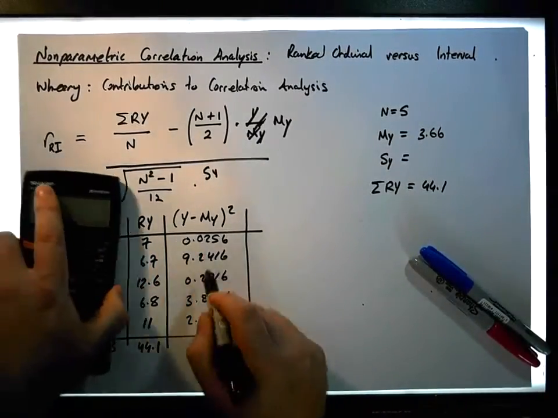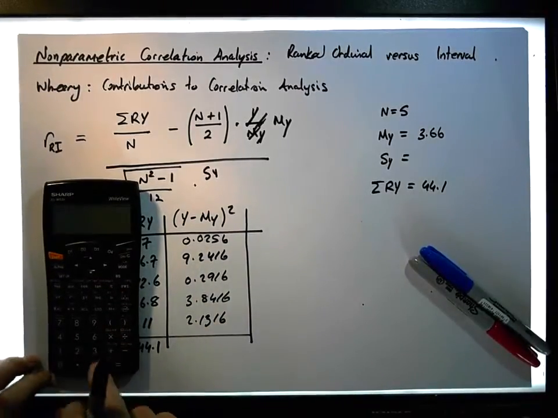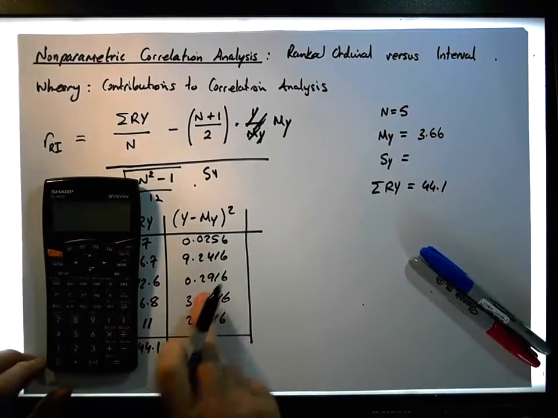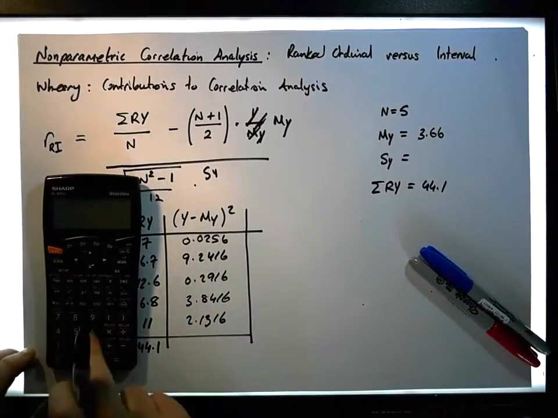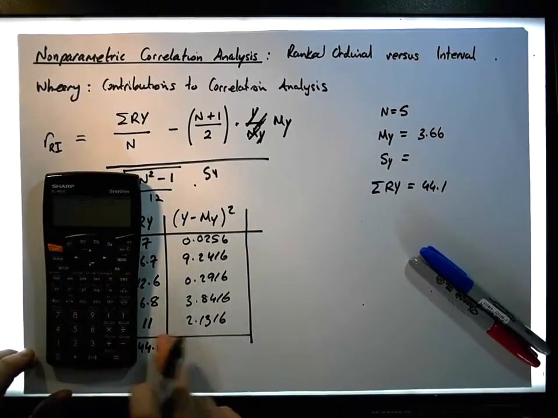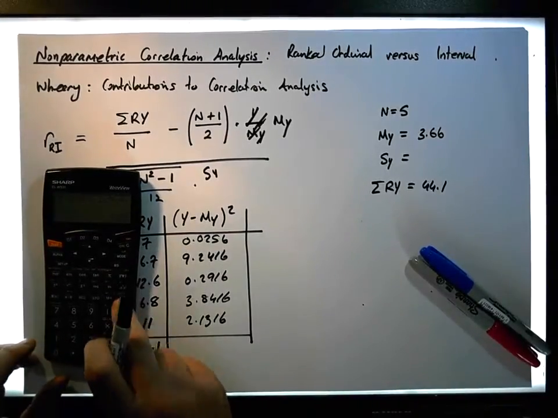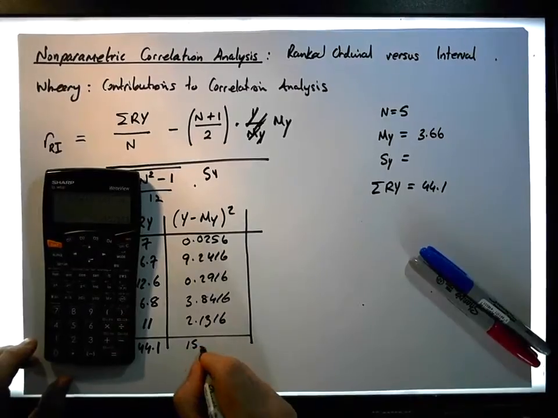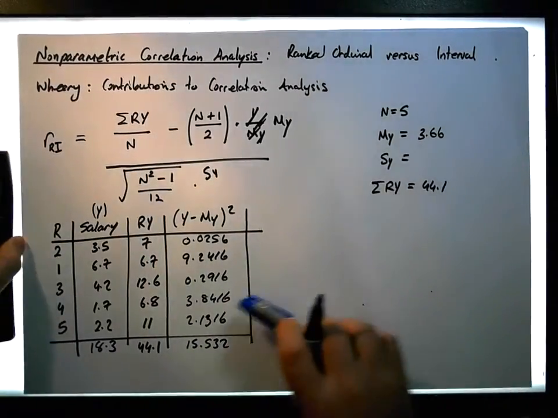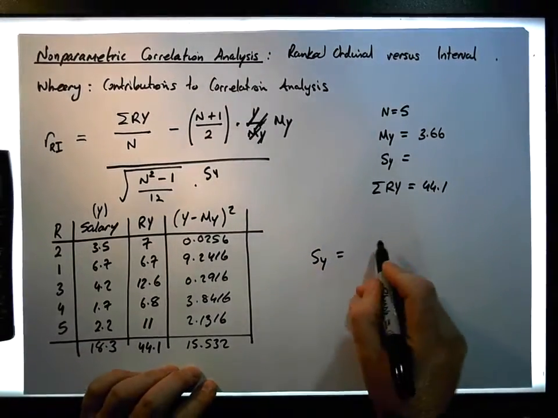So we're going to sum these values up here. 0.0256 plus 9.2416 plus 0.2916 plus 3.8416 plus 2.1316 gives us a total summation of 15.532.